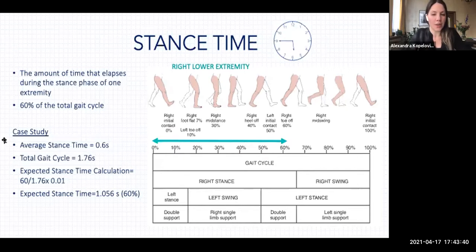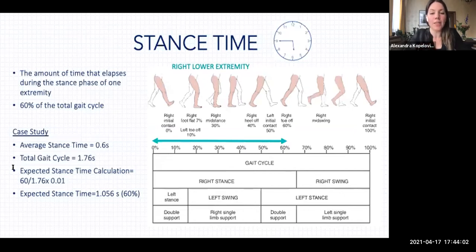So once again, the average stance time is 0.6 seconds, which is 60% of the 1 second it takes for the entire gait cycle. Let's calculate the expected stance time for our patient case scenario, right?